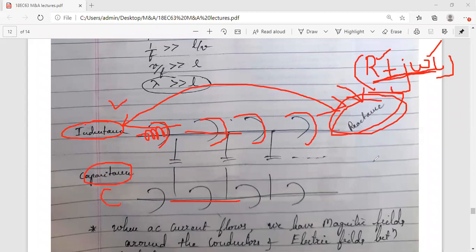Capacitance is C, but the capacitive reactance is, can anybody tell me, similar to this, what it can be? What can I write? Capacitive reactance. Let's see, anybody can answer.